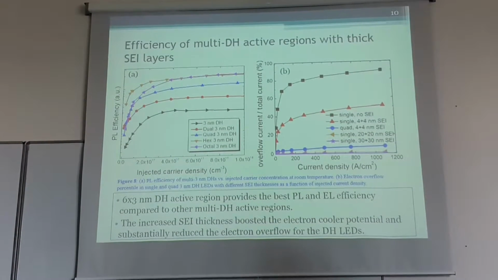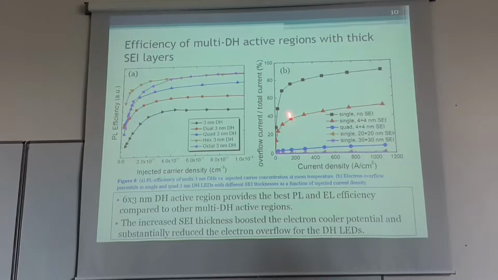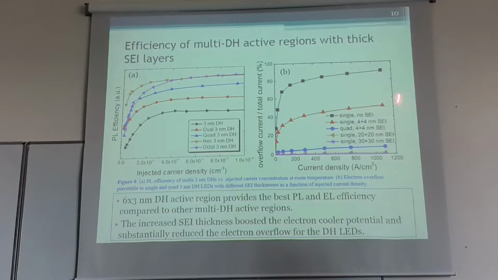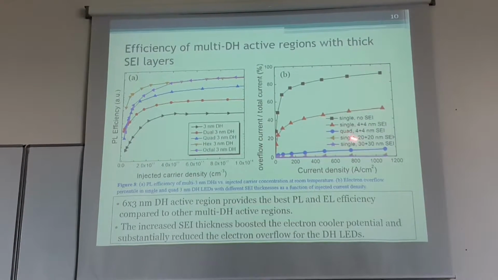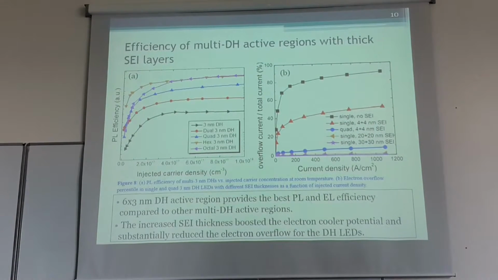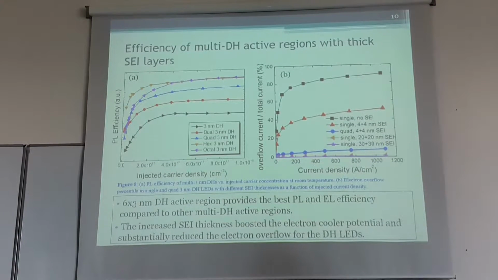And in the active region, we used no SEI, without SEI, single 3 nanometer DH plus 4 nanometer SEI. This is the thickness of SEI layer, as you remember, 4 nanometer, 8 nanometer layers.